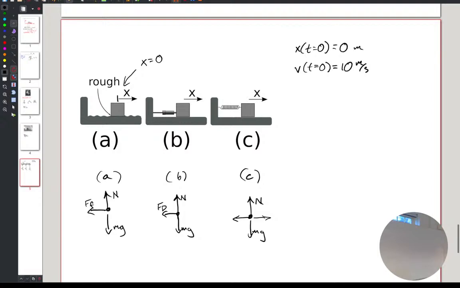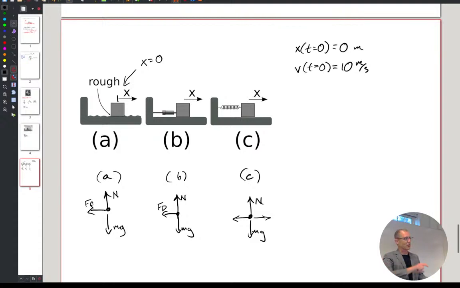Is it pulling it further to the right? It's pulling it back to the left, like a restoring force. The more you take it away from equilibrium, the bigger the negative force is. That way I'm always thinking about positive displacement and then where the force ends up for that positive displacement.